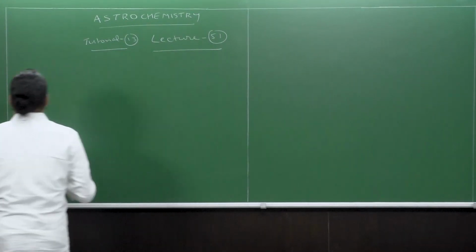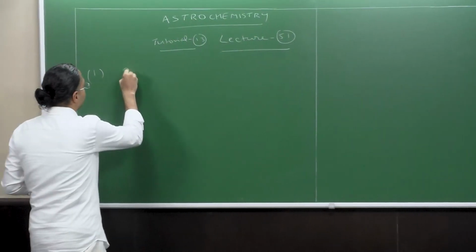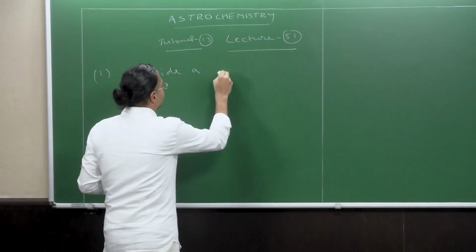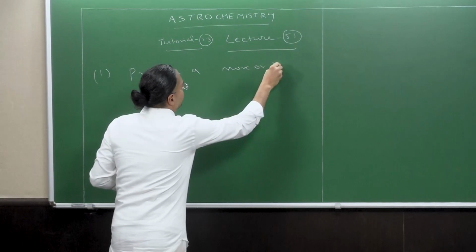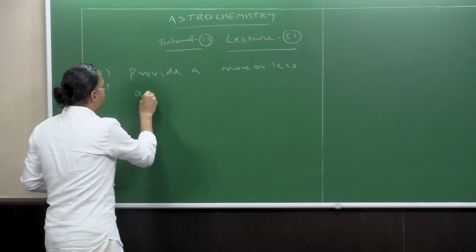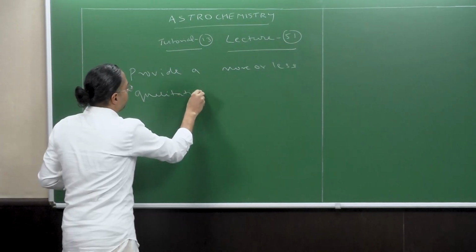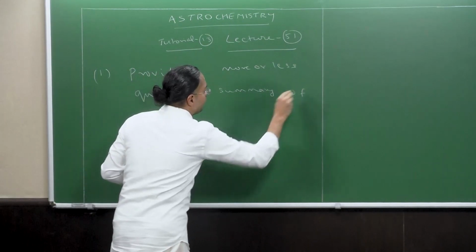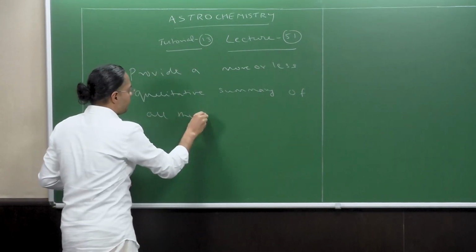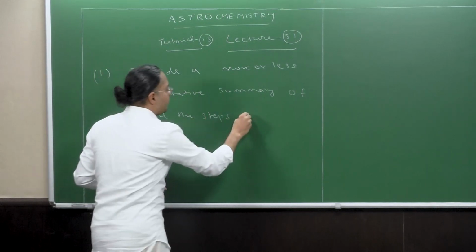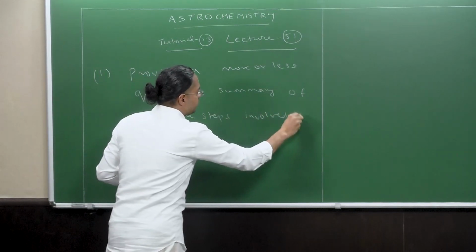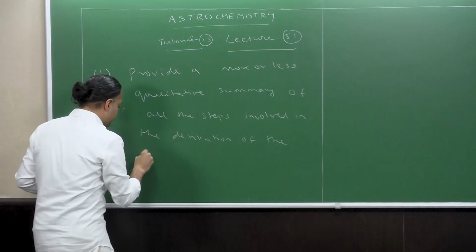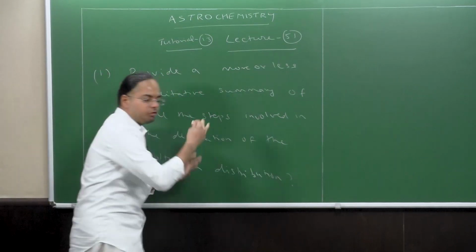The first question for today's tutorial session is: provide a more or less qualitative summary of all the steps involved in the derivation of the Boltzmann distribution that we saw in the last lecture.